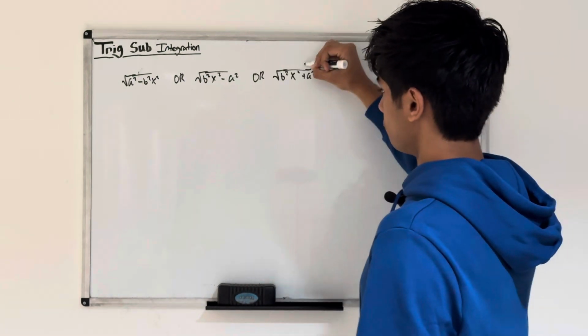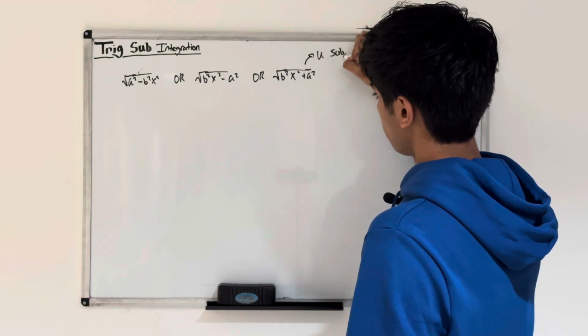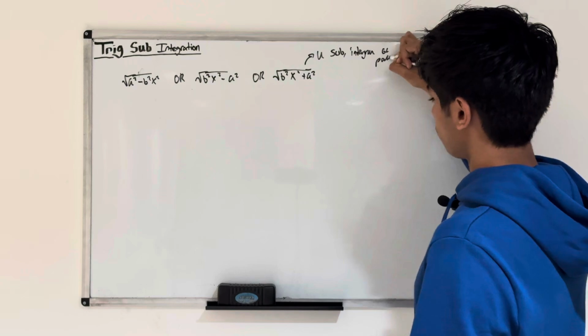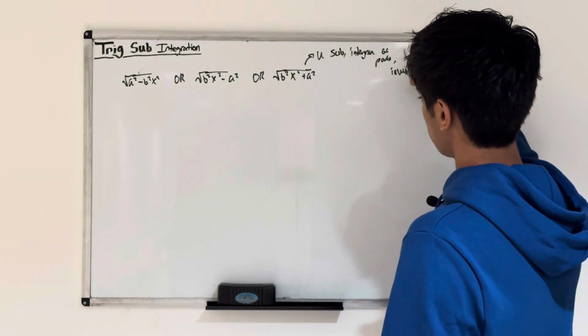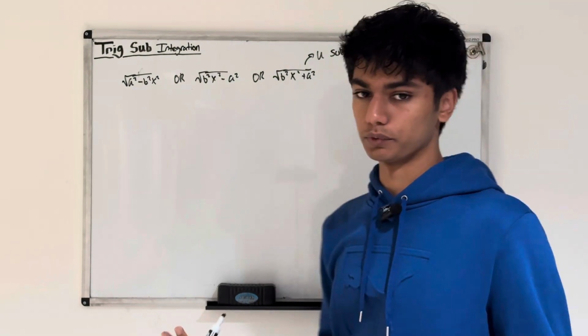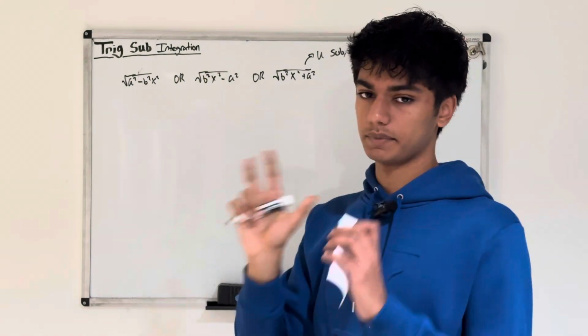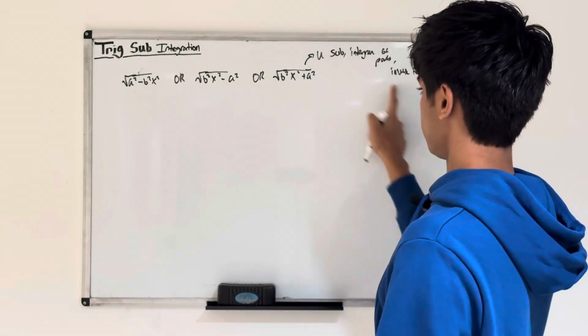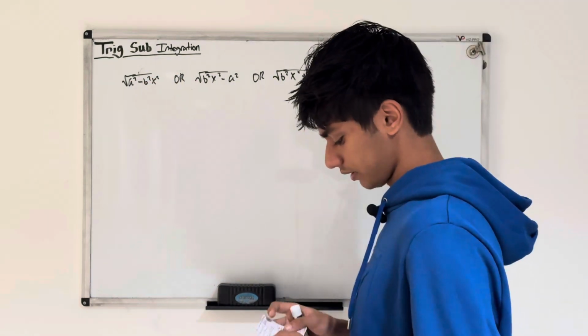And if we're not able to use u sub, integration by parts, or we can't just use simple inverse trig integral rules. So when we have a piece in our integrand that looks like this, more often than not, if we're not able to use any of these, we can try using a trig substitution.